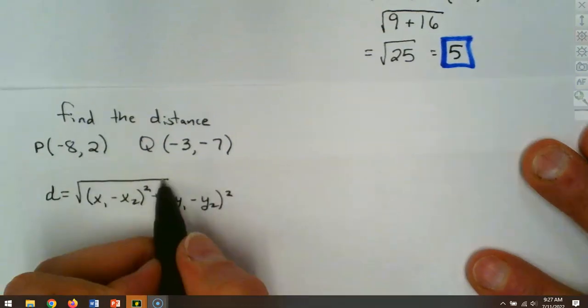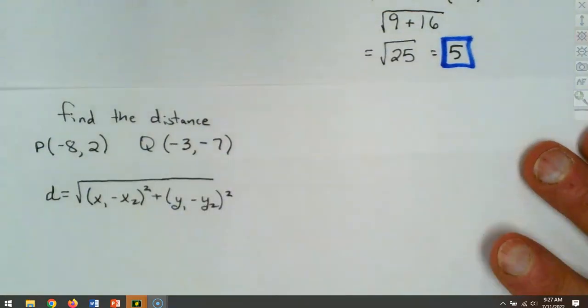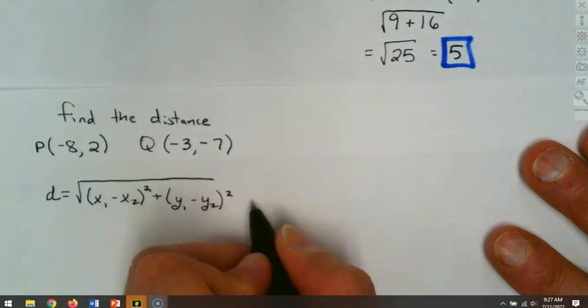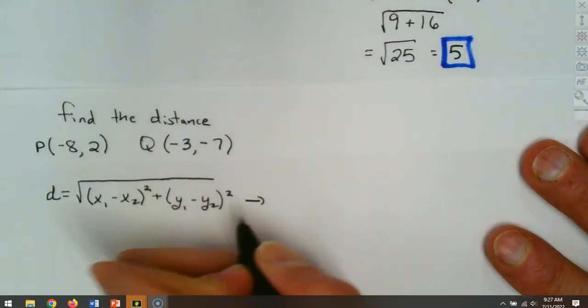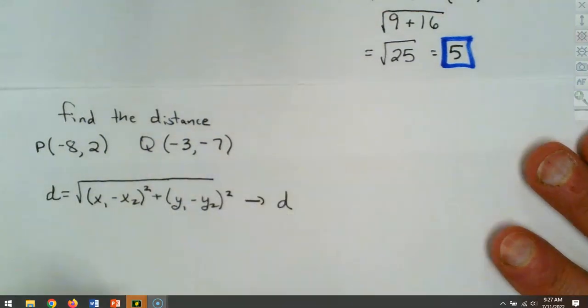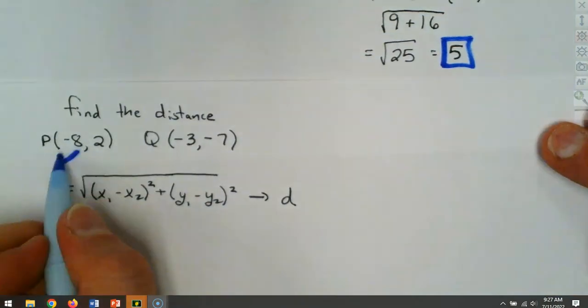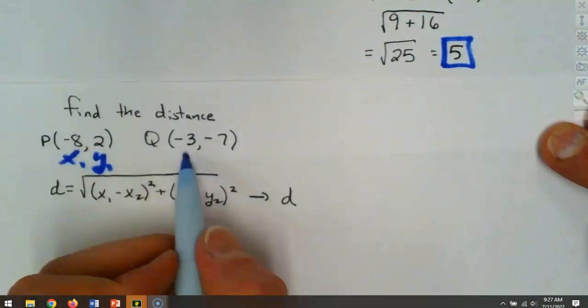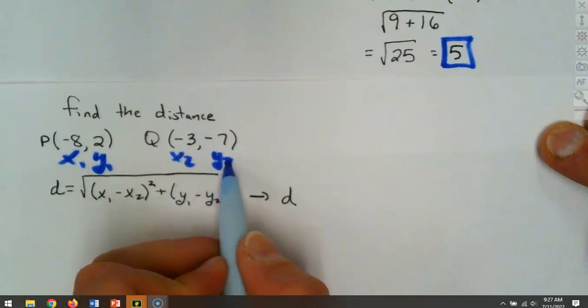So we subtract the x's, square the result, subtract the y's, square the result, and then take the square root at the end. And make sure you label x1, y1, x2, y2.